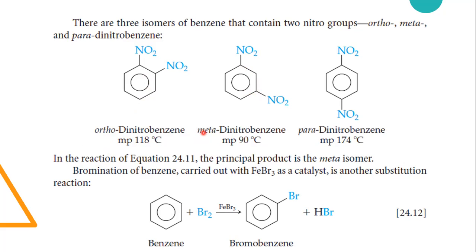However, if two groups are opposite each other, with two carbons in between them, the prefix is para.